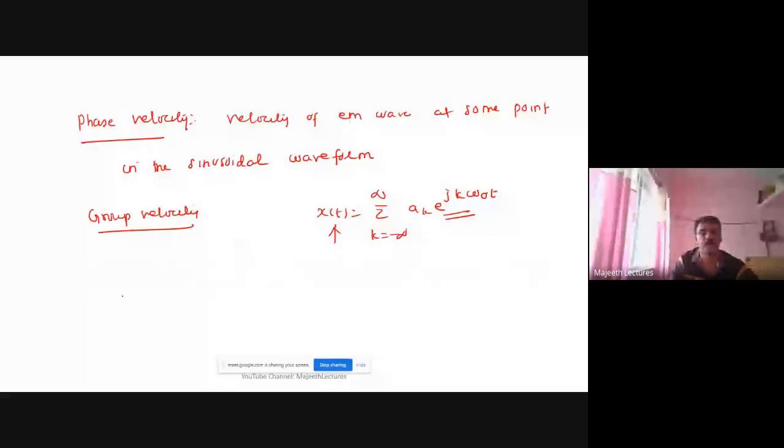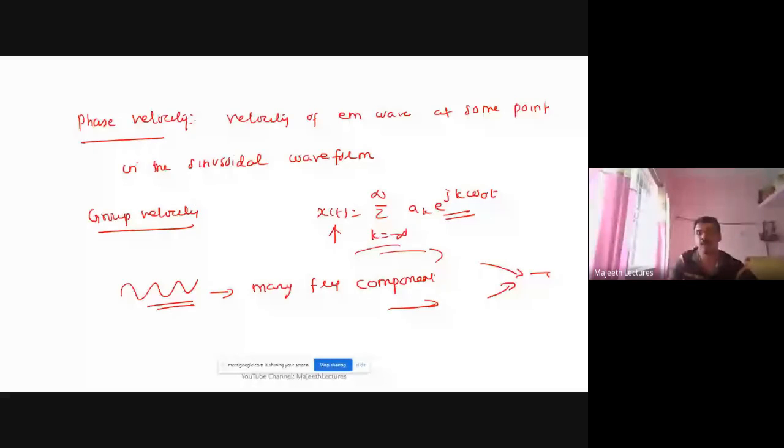So when the wave propagates through a medium, a wave has so many frequency components, right? They will take different paths, and finally at the receiver they add up and reach the receiver. So I told you a wave has so many frequency components. The velocity of an individual frequency component is the phase velocity, Vp, right?